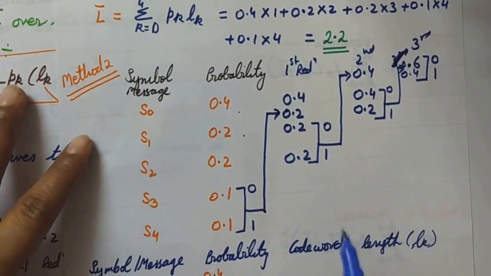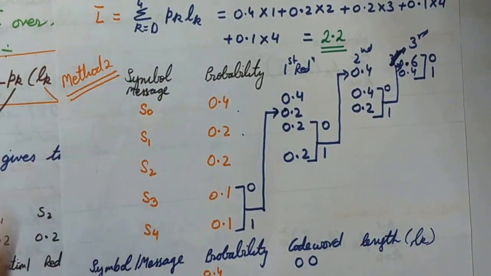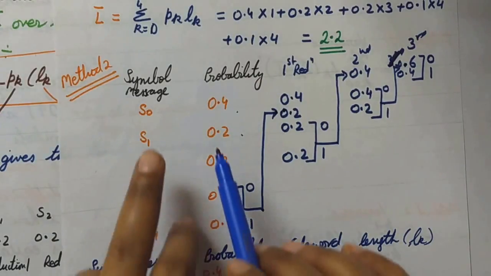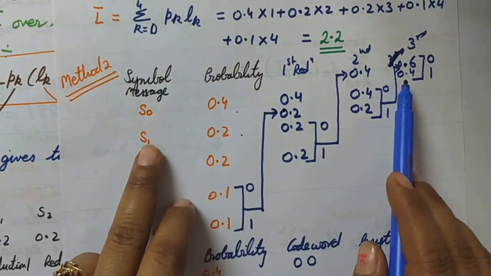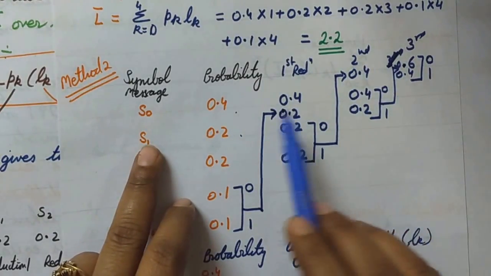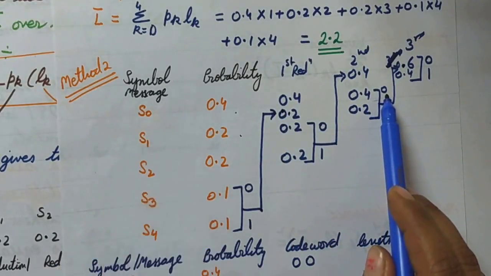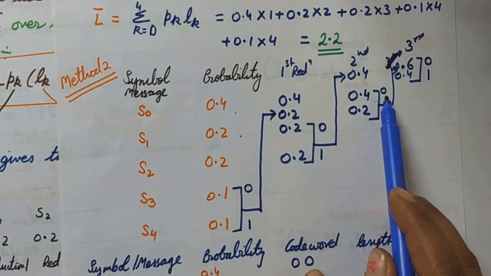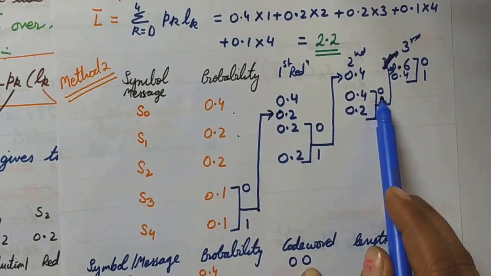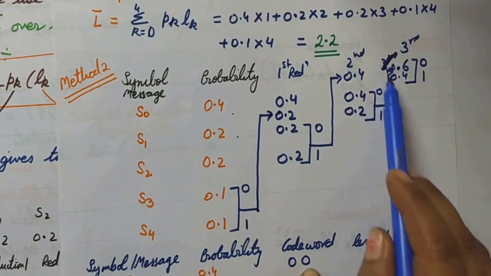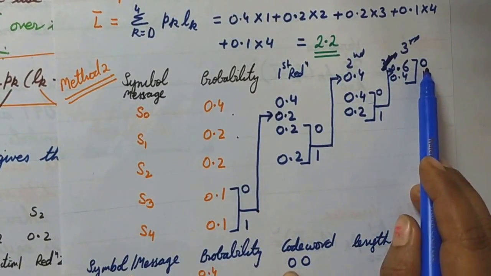So the first code word is 0, 0. Method is the same: moving from left to right, the first bit you get will be the LSB. Like here I have got this 0 first, so it forms the LSB. I'll write in the opposite direction, and the last which I have got is 0, so it becomes the MSB.